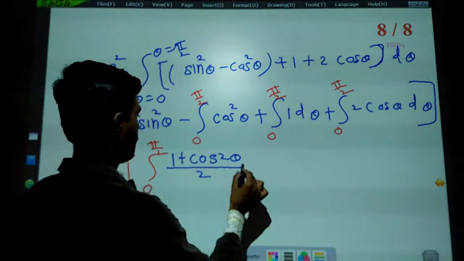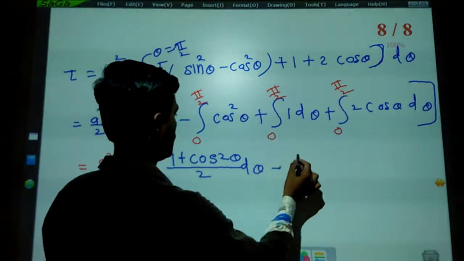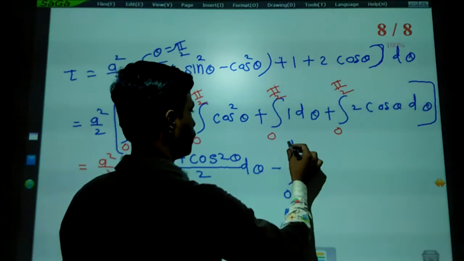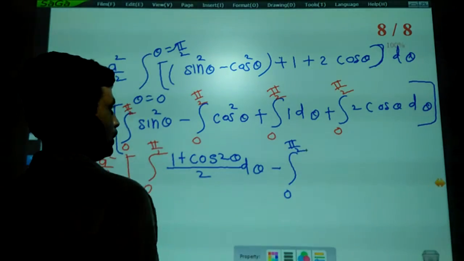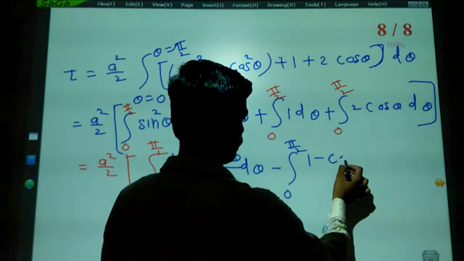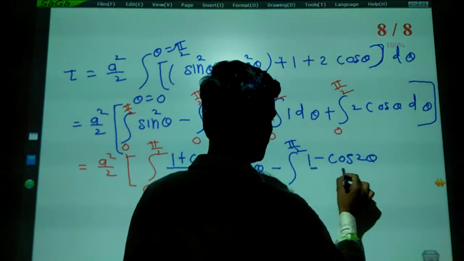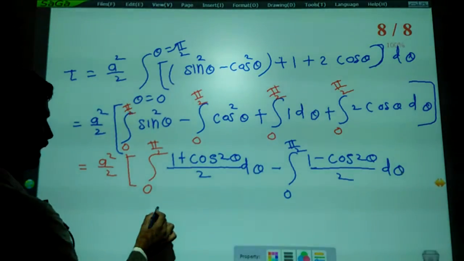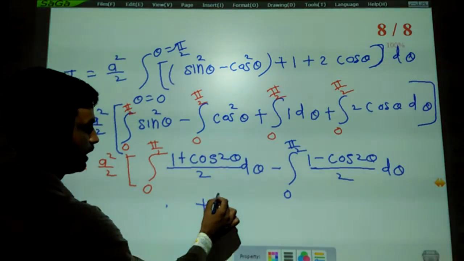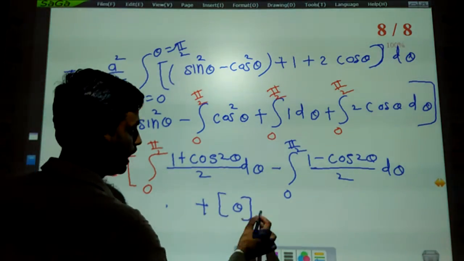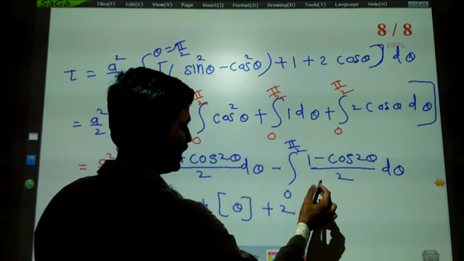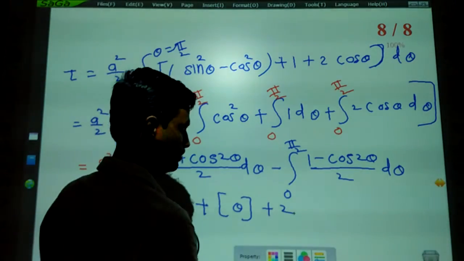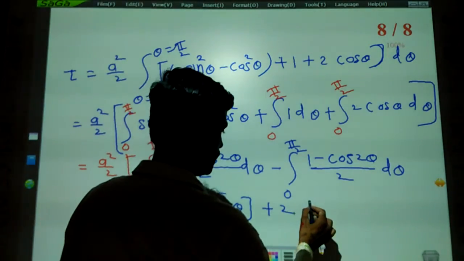So 1 plus cos 2 theta by 2 d theta, 0 to pi by 2. Here 1 minus cos 2 theta by 2 d theta. Okay, and next, directly its integration: theta, this 2 is outside, and the integration of this cos is sin theta.